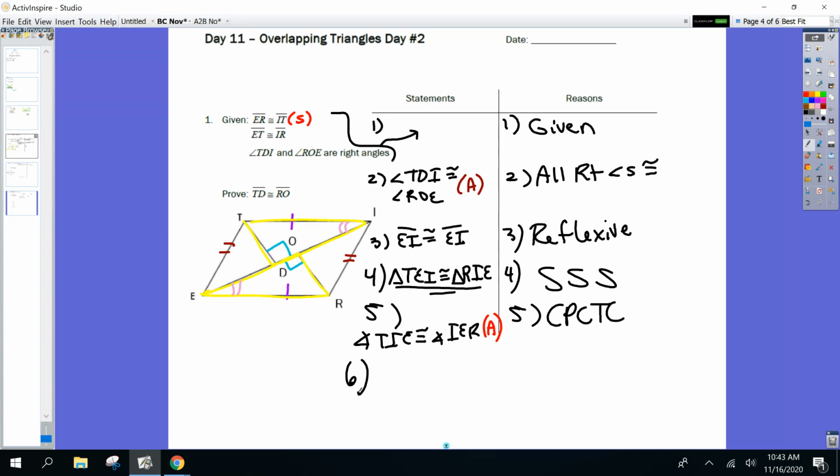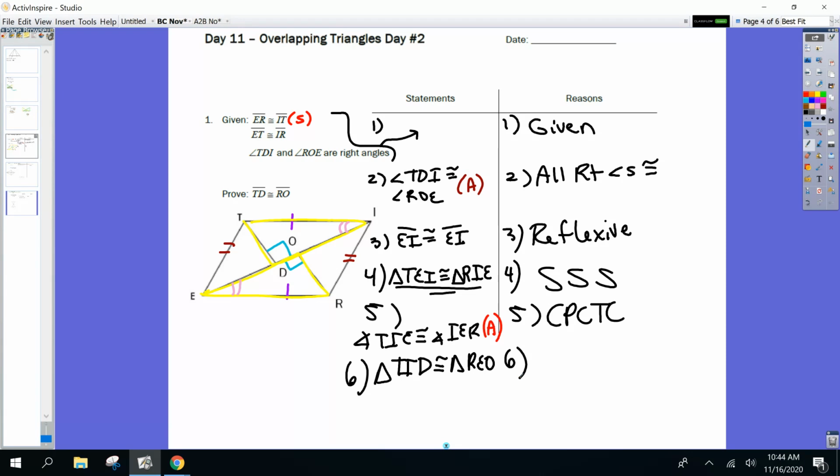And now you can say triangle TID congruent to, oh boy, kids, if I go TID, I think it's REO. Yep. I just wasn't sure whether the wording for the angle was right.